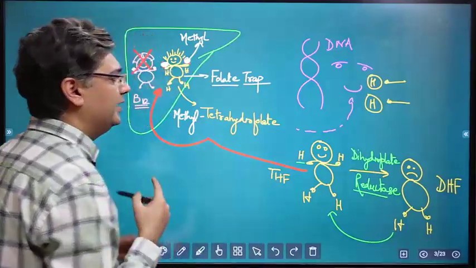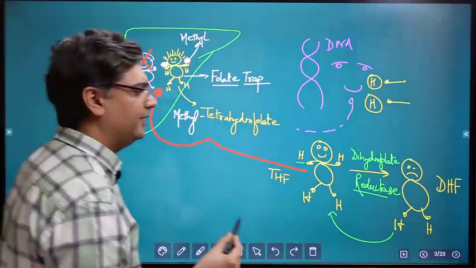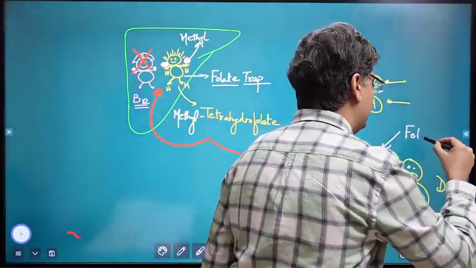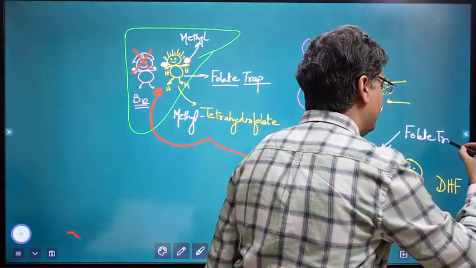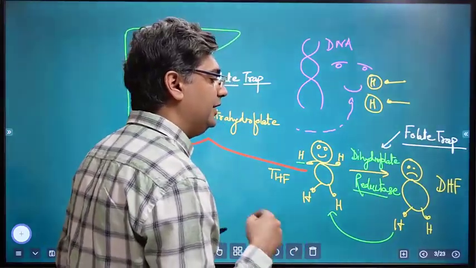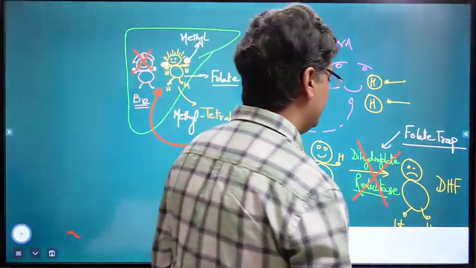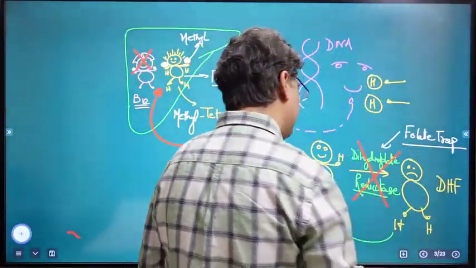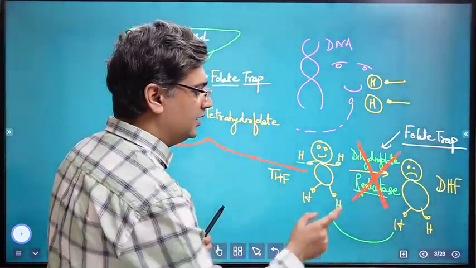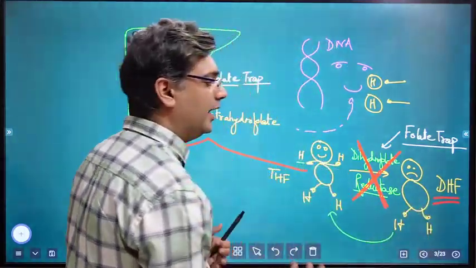Now, the folate trap can happen here as well, and it can happen here as well. Here, in some people you have a deficiency of the enzyme dihydrofolate reductase, and when it is not present, the tetrahydrofolate would be stuck in the dihydrofolate form.